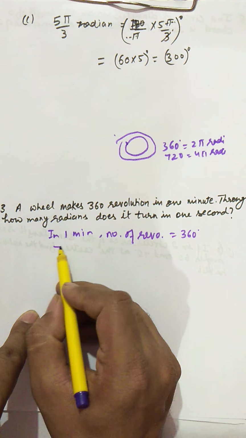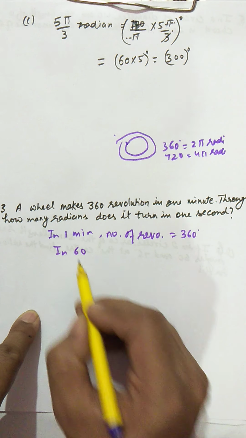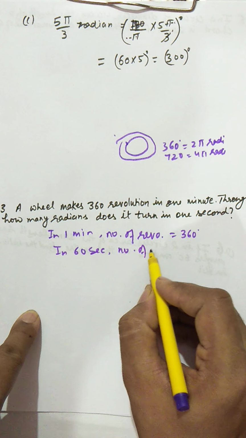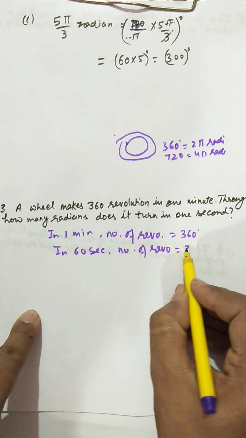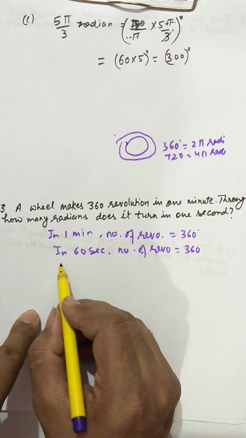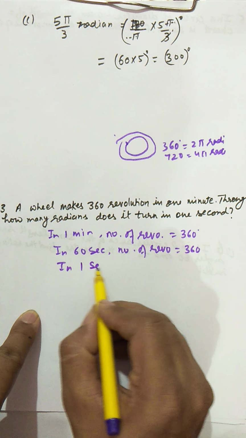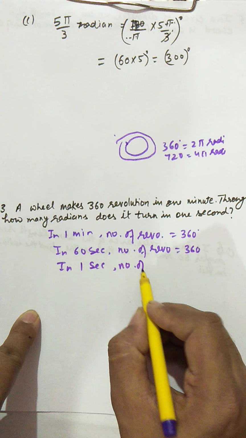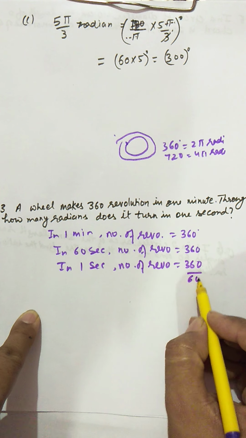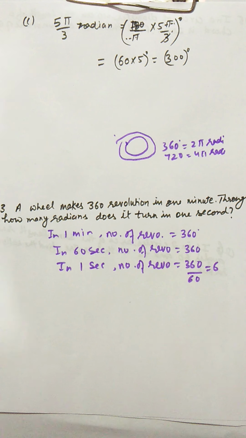So in 60 seconds, the number of revolutions will remain the same, 360. This is not degrees, this is 360 number of revolutions. So in 1 second, the number of revolutions is 360 divided by 60, so this is going to be 6. So in 1 second the wheel revolves 6 times.